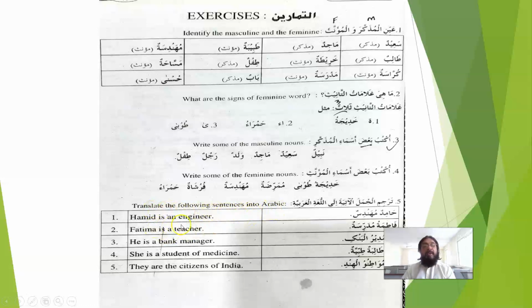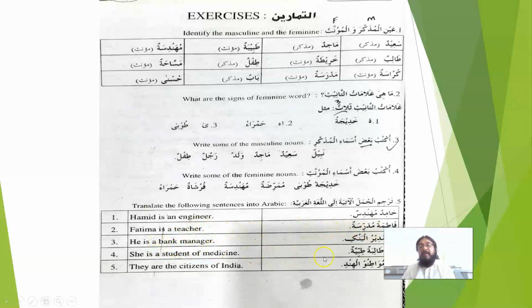Okay. Hamid is an engineer. Hamidun muhandisun. Muhandis, engineer. Fatima is a teacher. Fatimatu mudarrisatun. If you say madrasatun, it will be school. It is mudarrisatun. Okay.